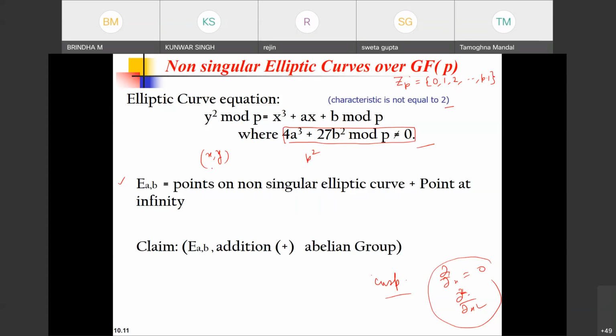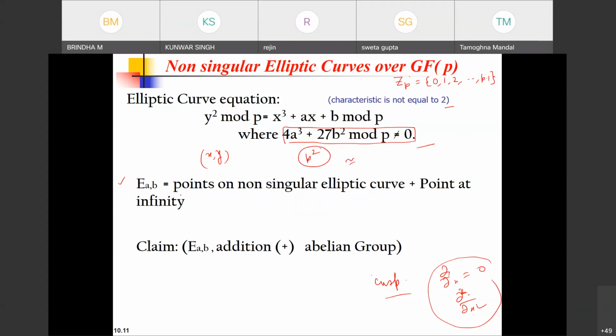But actually the number of points will not be p square, because of QR modulo p. Not every x will have a y which satisfies y square in the equation. We will see QR modulo p. So it will be roughly p.